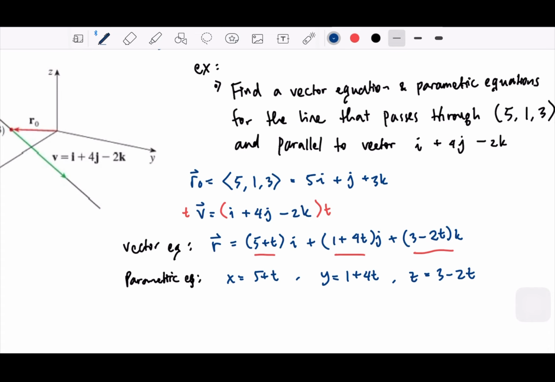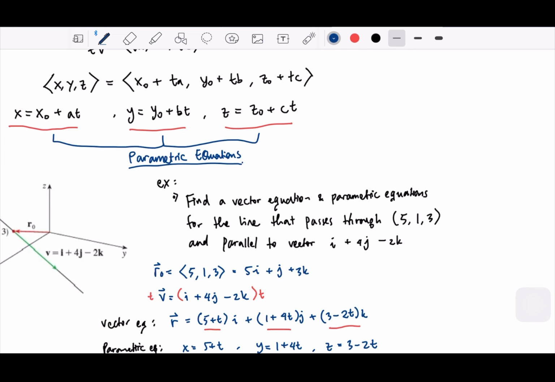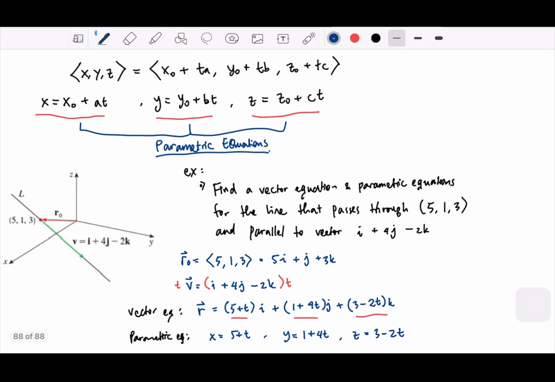Okay, now I forgot to mention some additional information. Aside from these parametric equations, we can also rewrite them in terms of t.